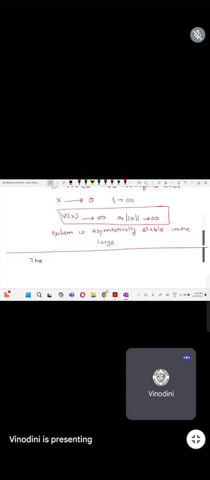Also note down in your notebook: direct method of Lyapunov and linear system.